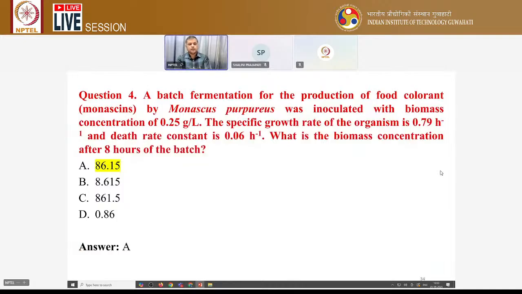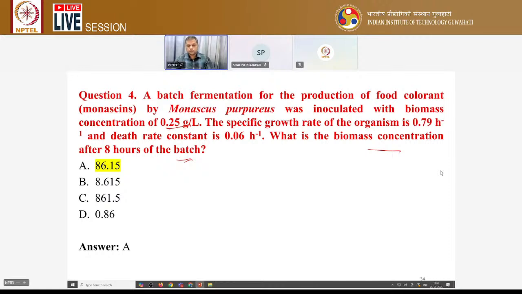Next question is a batch fermentation for the production of food coloring by Monascus purpureus, inoculated with biomass concentration of 0.25 gram per liter. The specific growth rate of the microorganism is 0.79 hour inverse, and Kd is given as 0.06. It asks what is the biomass concentration after 6 hours of the batch culture.